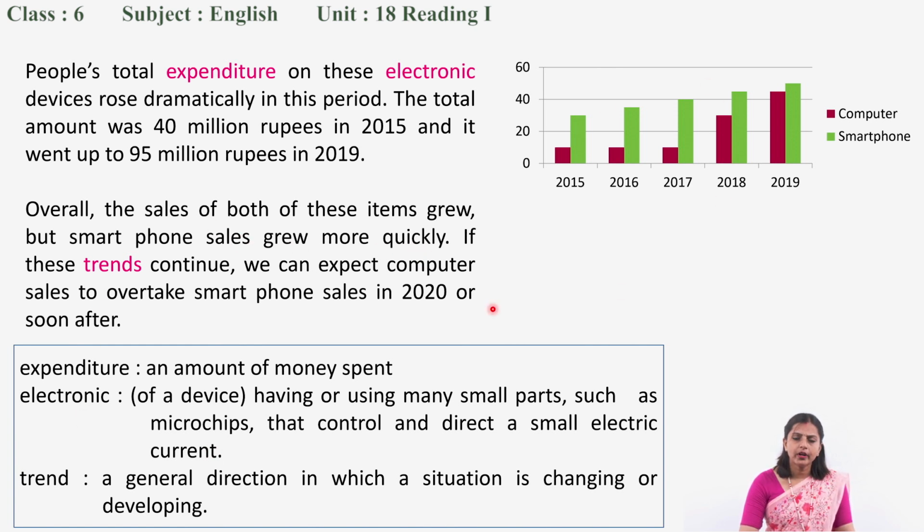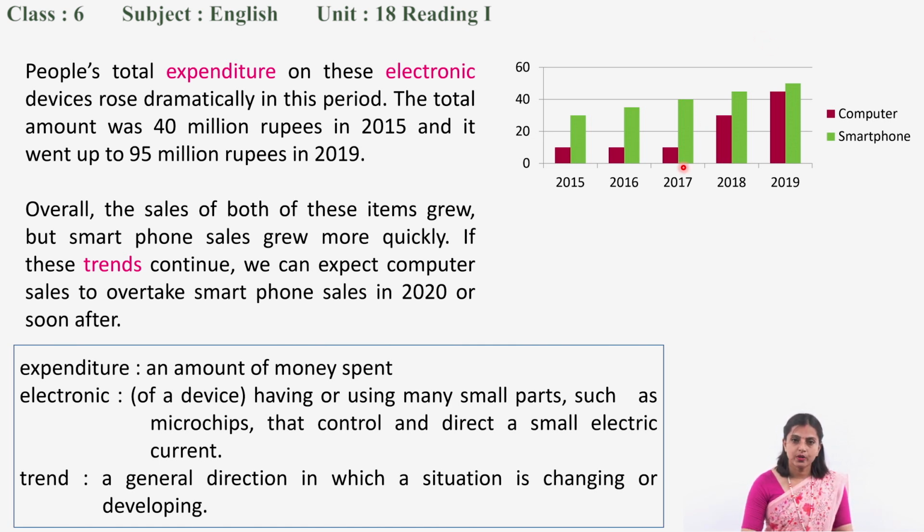Now overall the sales of both of these items grew, but smartphone sales grew more quickly. Overall, the expenditure on both is increasing, isn't it? Smartphone also and computer also. But when you compare them, the smartphone increment was higher than the computer. The expenditure on smartphones was higher in comparison to computers.